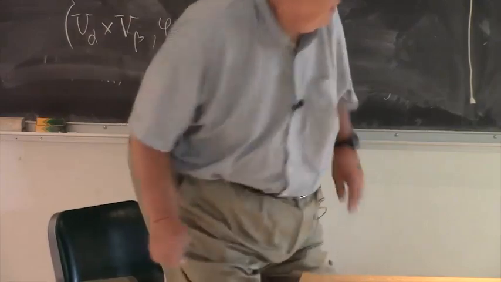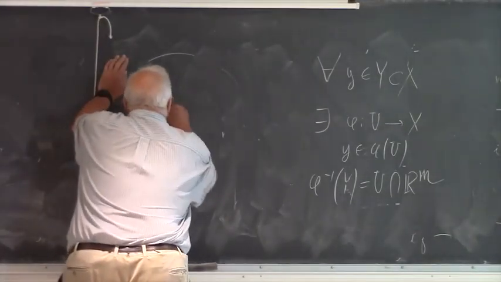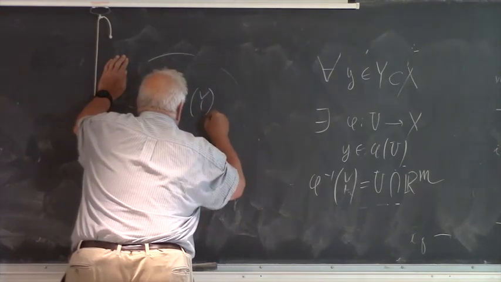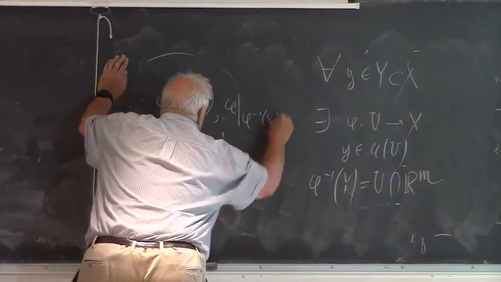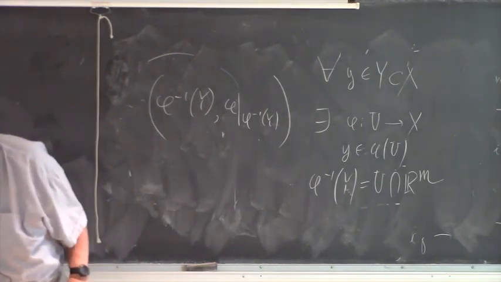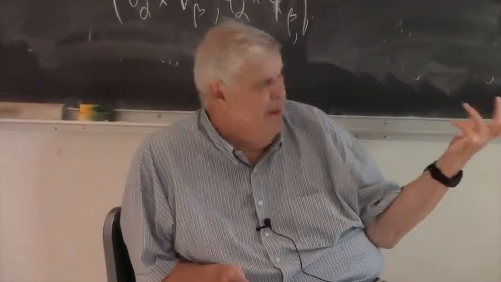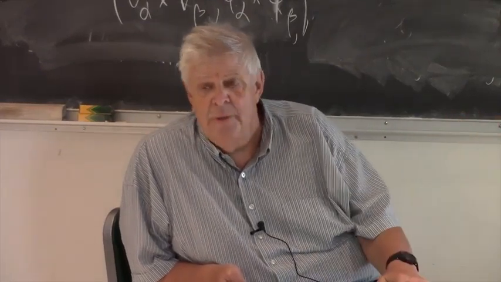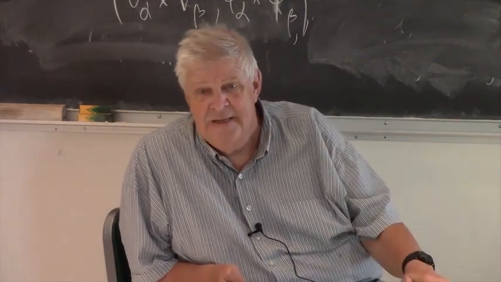Because these charts, the restrictions to the inverse image of Y, they form an atlas for Y, right? And now if we return to the examples which we considered, the thing which is not assumed here is that Y is closed in the topology of X. This is why part of our examples survive.